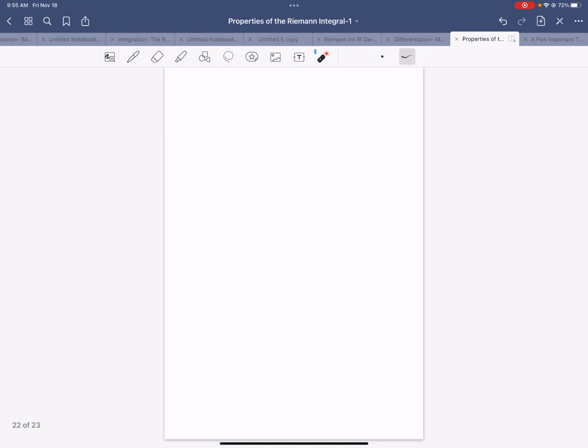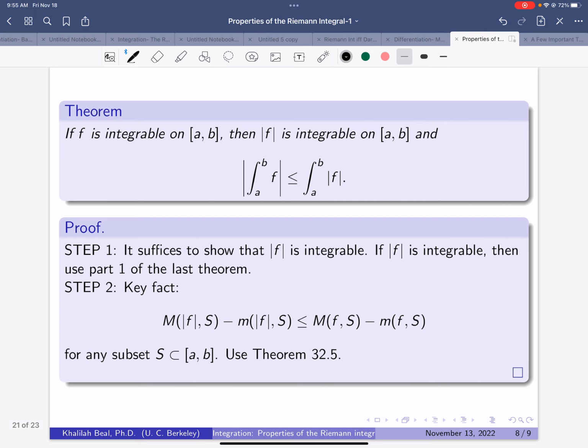So let's go ahead and write this up. So for hypothesis, f is integrable. The claim is that the absolute value of f is Riemann integrable, and the absolute value of the integral of f is less than or equal to the integral of the absolute value of f. Okay? So for the proof, we have 2 steps.